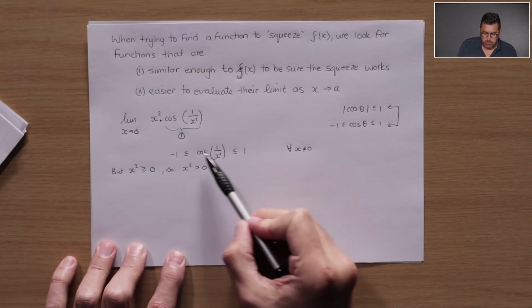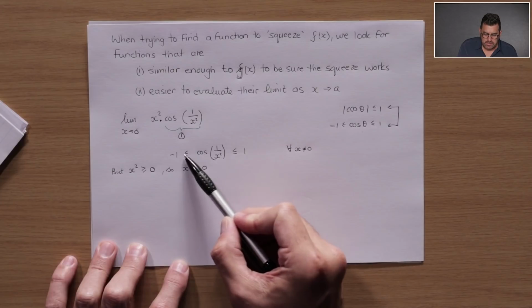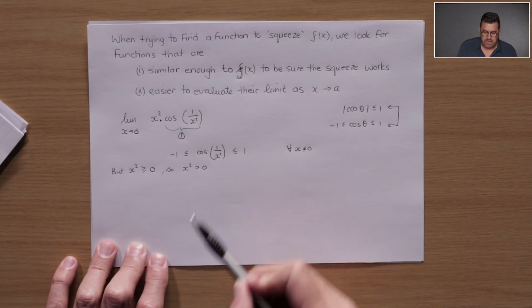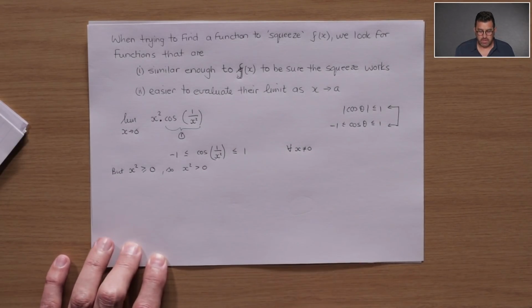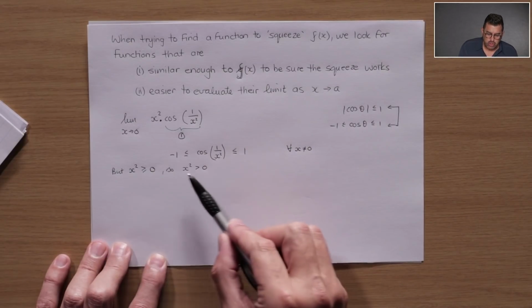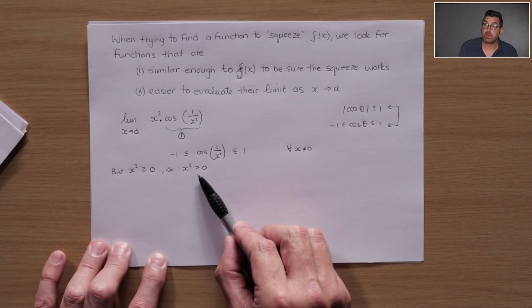Now, why is that important? If I multiply an inequality with a negative, the sign changes direction. So if I multiply this with -3, these signs have to face the other way because I multiplied with a negative. So I must make sure that what I'm multiplying with is a positive.